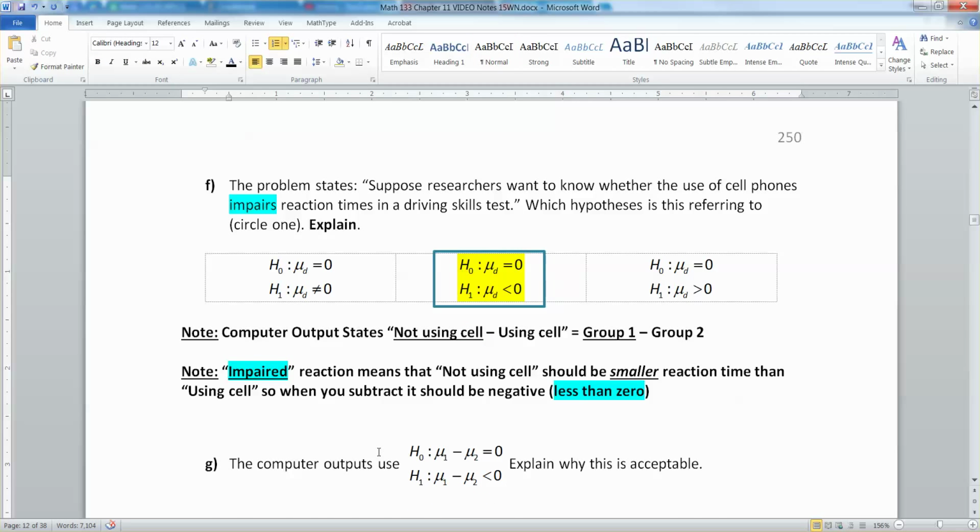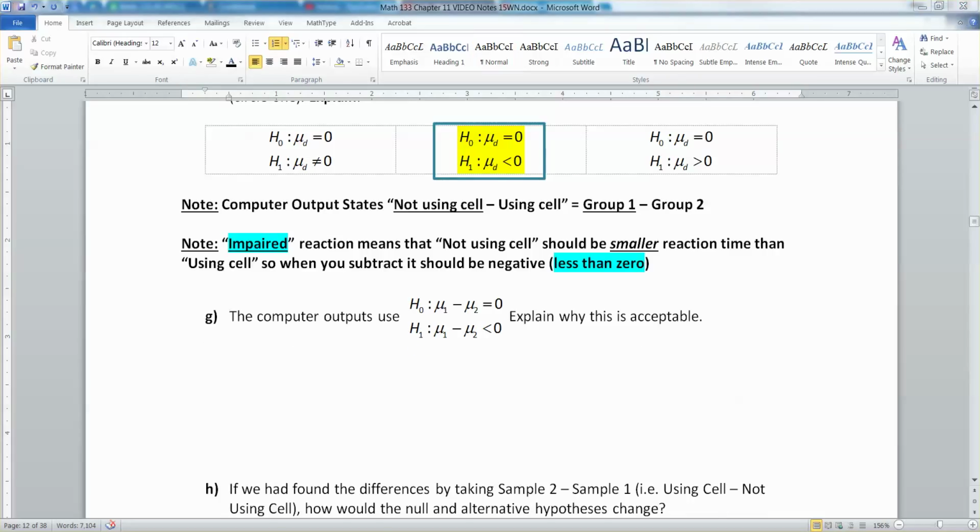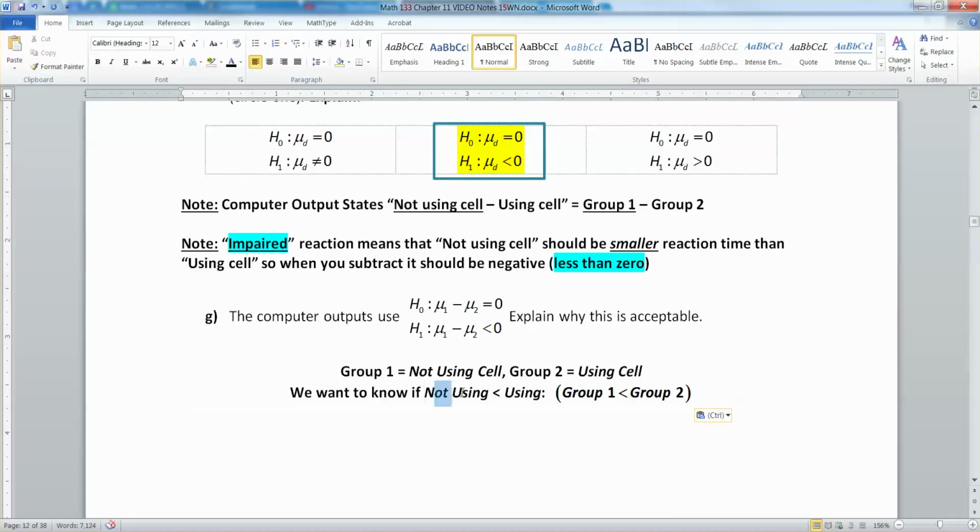All right, now the computer outputs don't write the D part, but we do when we do it by hand. Well, that's okay. What they're doing is they're saying group 1 is the not using cell phone, group 2 is the using cell phone. And we want group 1, the not using part, to be less than group 2. That's what impaired will mean. In other words, group 1 will be less than group 2. And that means, in particular, our alternative hypothesis will be written like this, right? The not using will be less than the using.